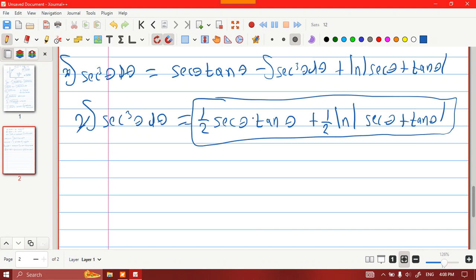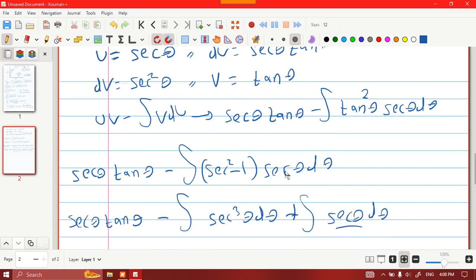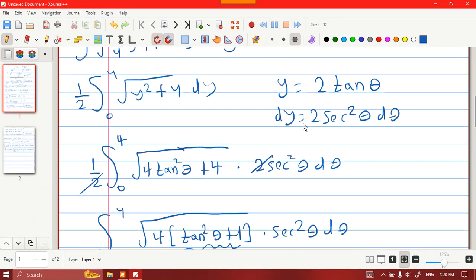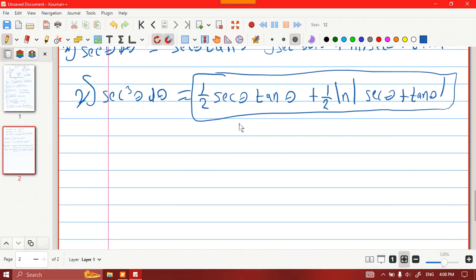Okay, now I'm going to convert this expression into y. Having y equals 2 tangent theta means tangent theta equals y over 2. I'm going to draw a triangle like so. This is a triangle.